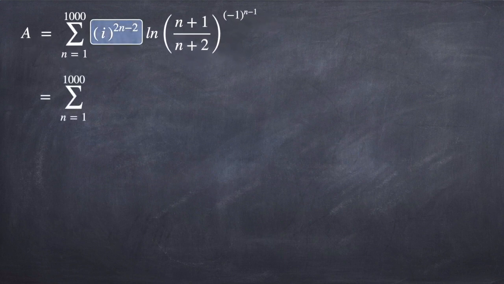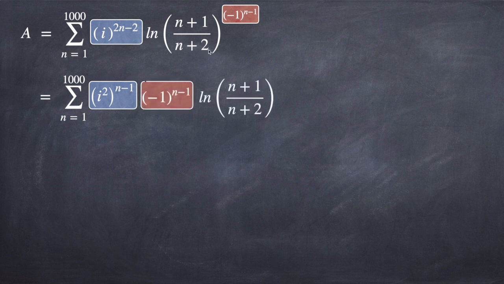First, we can rewrite this exponent here as 2 multiplying n minus 1. And then we will rewrite this term as i squared to the power of n minus 1. Now, we know that this exponent of the argument of this logarithm can be written as a factor multiplying the logarithm.